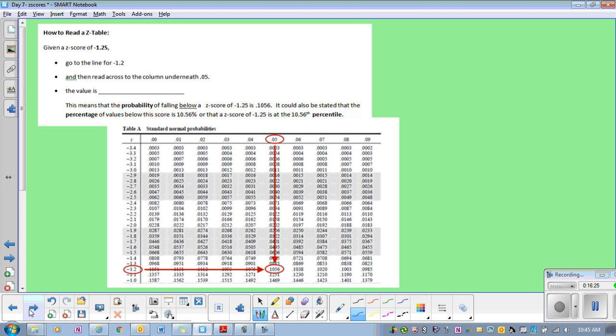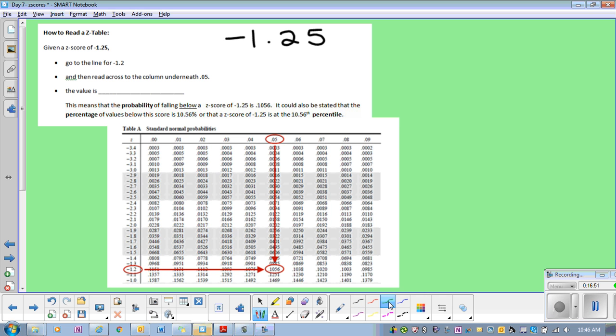All right, so given the z-score of negative 1.25, here's what you need to do, okay? All of these that I'm giving you, you're going to get on the SOL, okay?